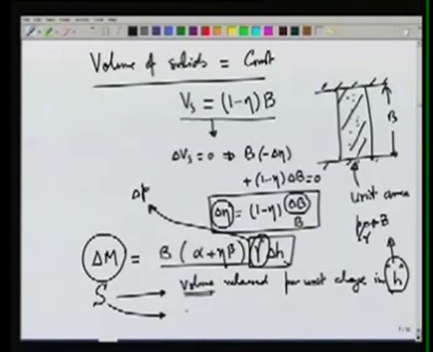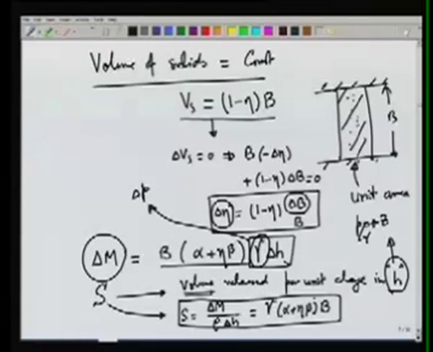So S will be equal to the mass released divided by rho per unit change in the piezometric head, and therefore S will turn out to be gamma alpha plus eta beta into B. This equation gives us the storage coefficient, and it represents the volume of water released for a prism of unit cross section area over the entire thickness B.